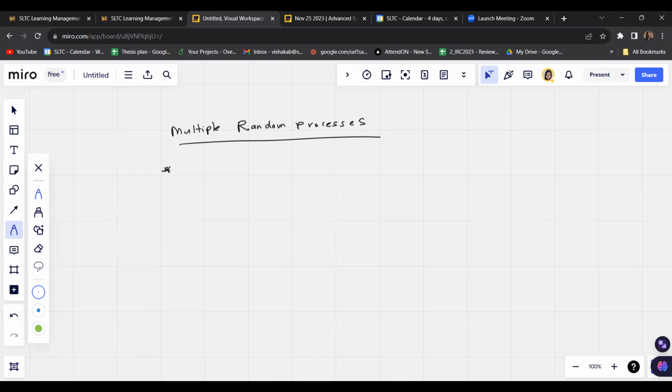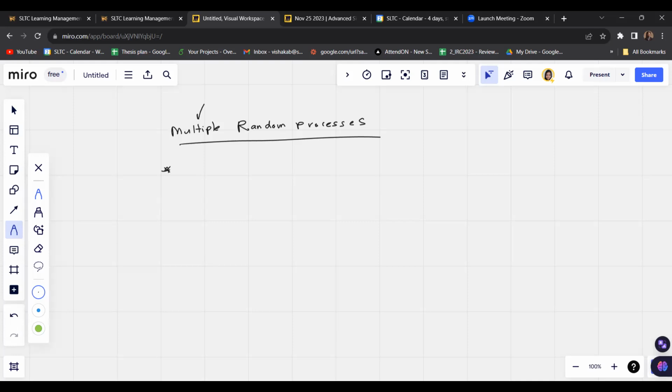If we have, for example, two random processes that are different, we call those multiple random processes. Studying such different random processes is the study of multiple random processes.